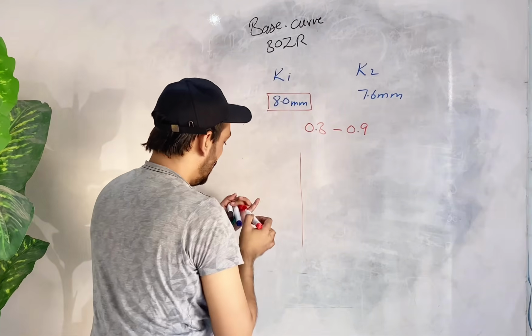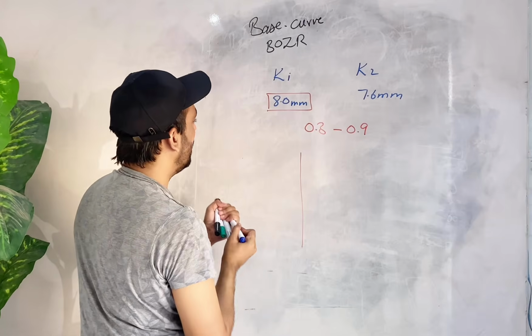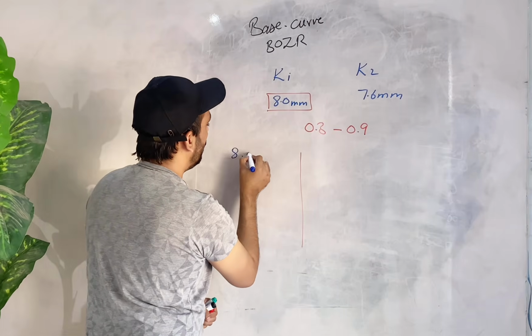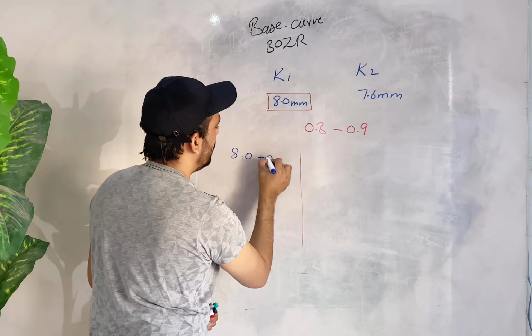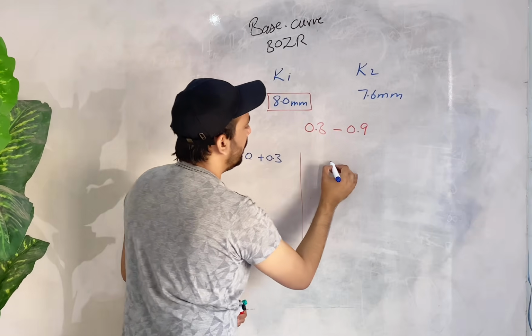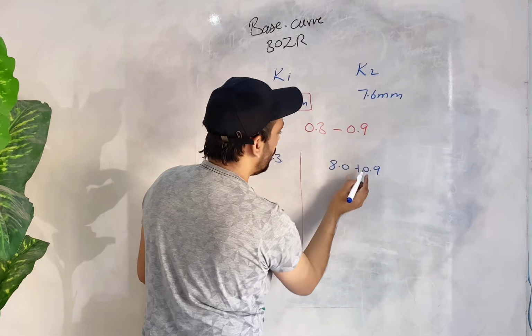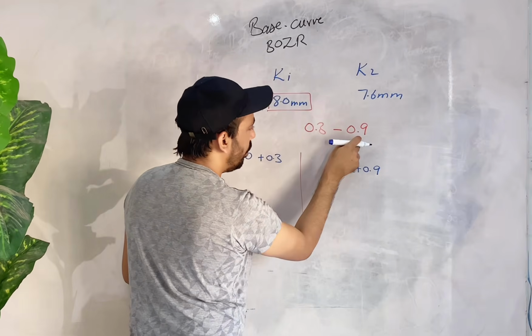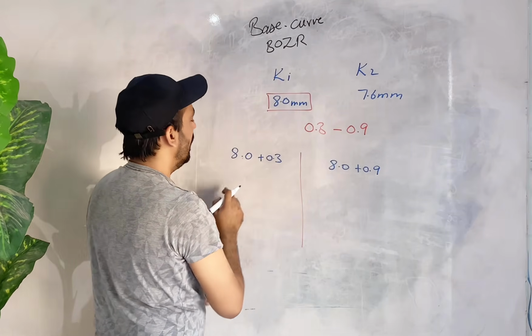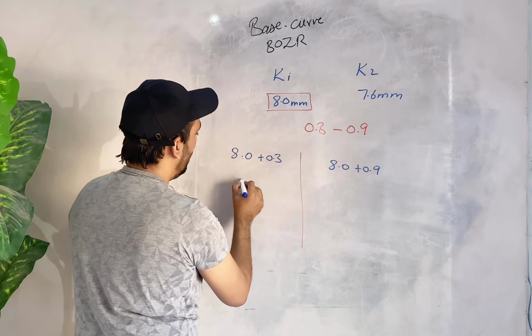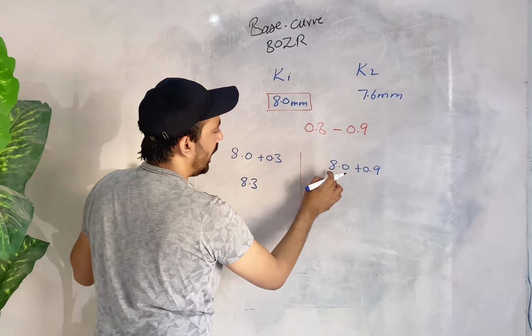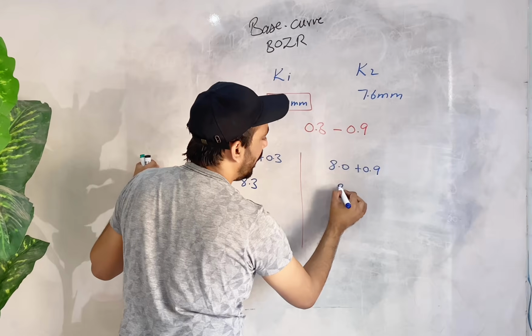So now we will add 8.0 plus 0.3, right? And 8.0 plus 0.9. So 8.0 plus 0.3 will be 8.3, and 8.0 plus 0.9 will be 8.9.